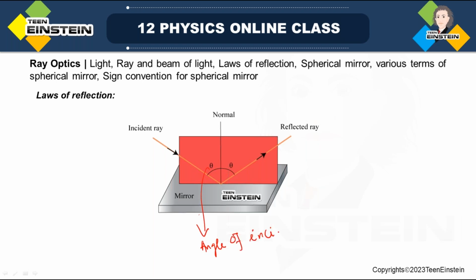And the angle between the reflected ray and the normal is called the angle of reflection.